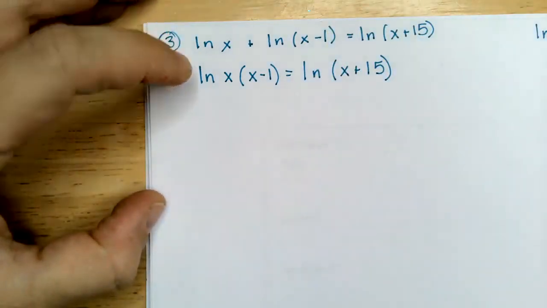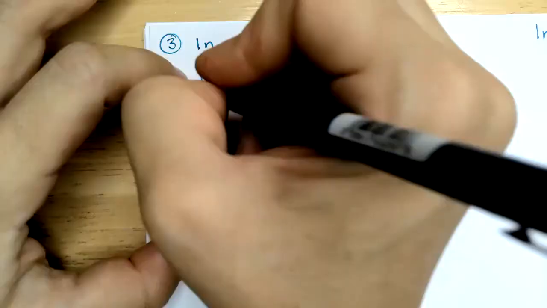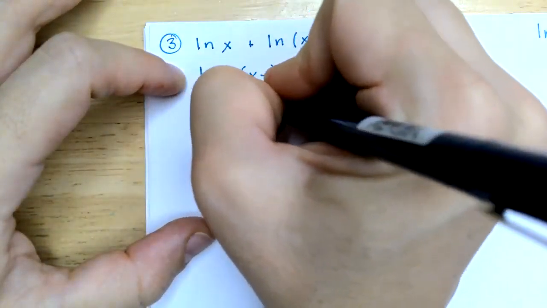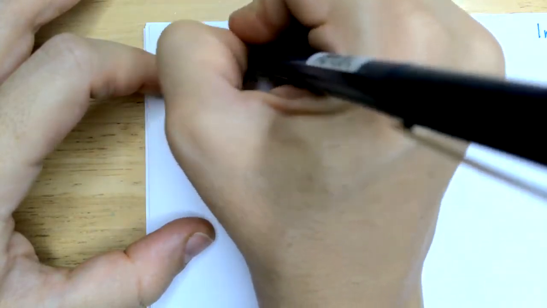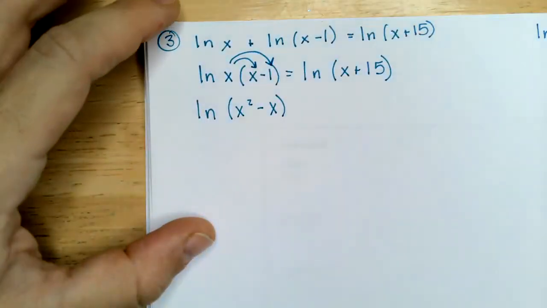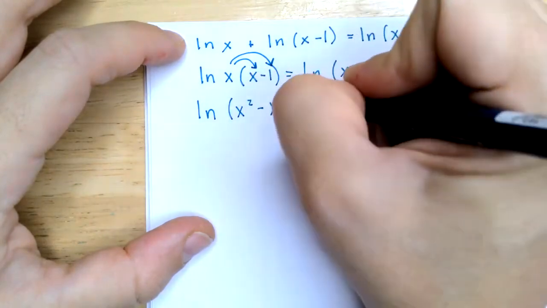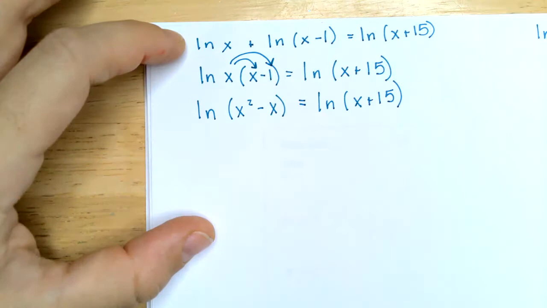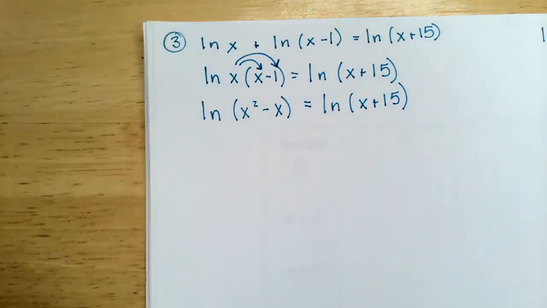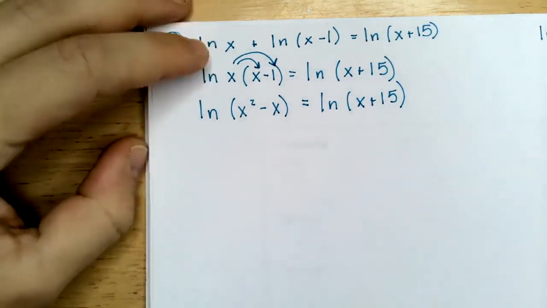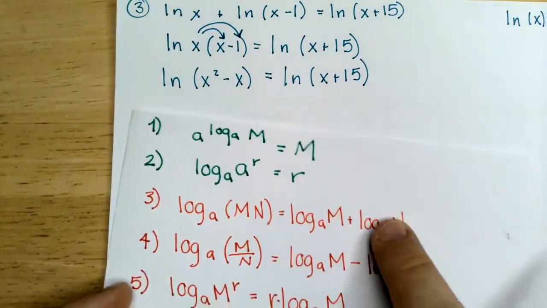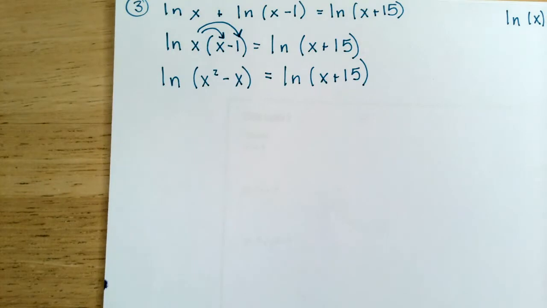Good. Now I can distribute this x through here. That becomes the natural log of x squared minus x, equals the natural log of x plus 15. Rather than one log on either side of an equal sign, I want to continue using these. So I need a plus or a minus, right? So again, I'm just going to manipulate them using algebra.